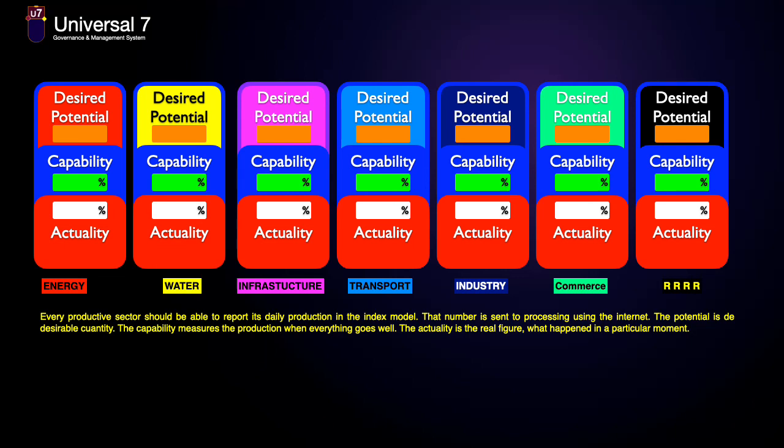That number is sent to processing using the internet. The potential is the desirable quantity. The capability measures the production when everything goes well. The actuality is the actual current real figure, what happened in a particular frame of time.